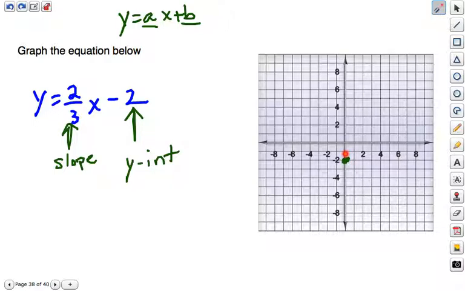So I'm going to go up 2, 1, 2, and then over 3, 1, 2, 3. So at point (3, 0), I'm going to go ahead and put another dot. Up 2, over 3. All right, so you really only have to do about 3 points, and then you can draw your line.